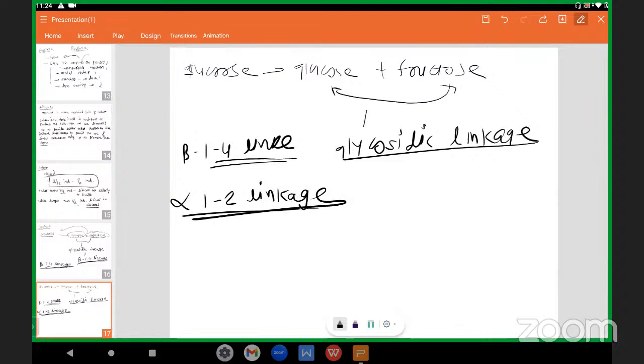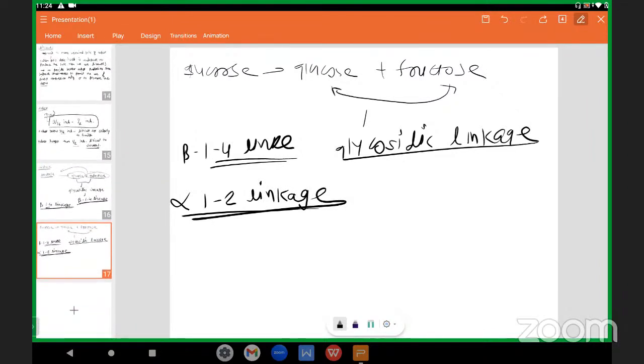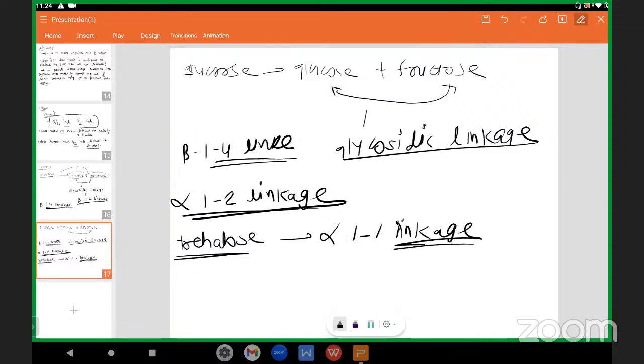So let's list some of the linkages between the different sugar molecules. Have you heard of trehalose? Which linkage does it show? Anyone aware of alpha 1,1 linkage? Write it down. Trehalose shows the alpha 1,1 linkage.